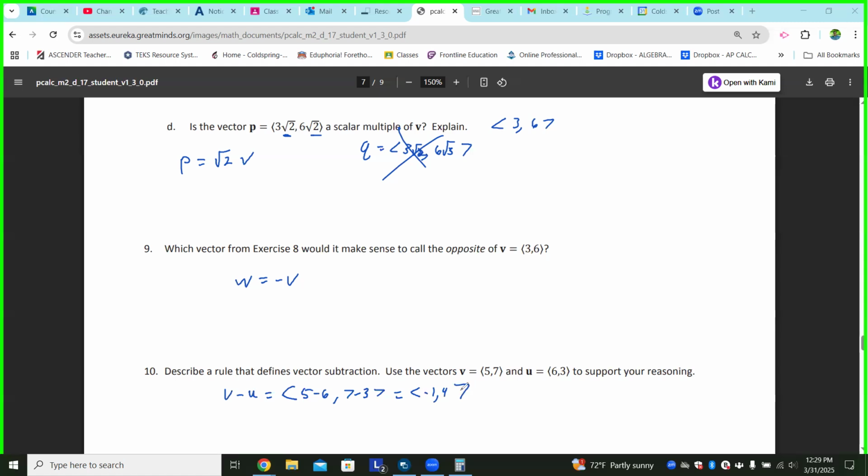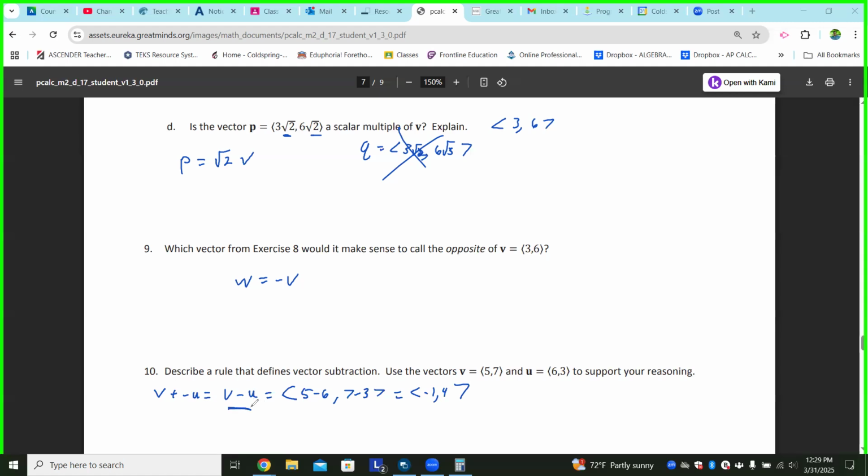Perfect. So if we want to produce a rule, this is the same thing as addition, just adding the other vector's opposite. They get technical here, but I think if you have this concept down, you're doing pretty good.